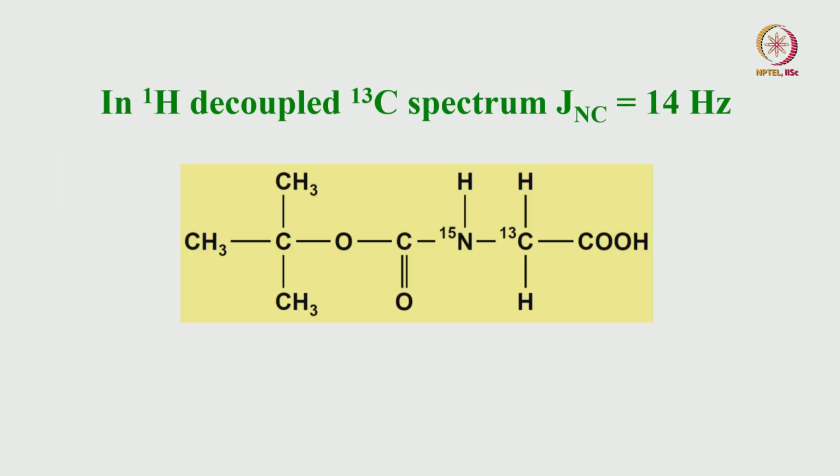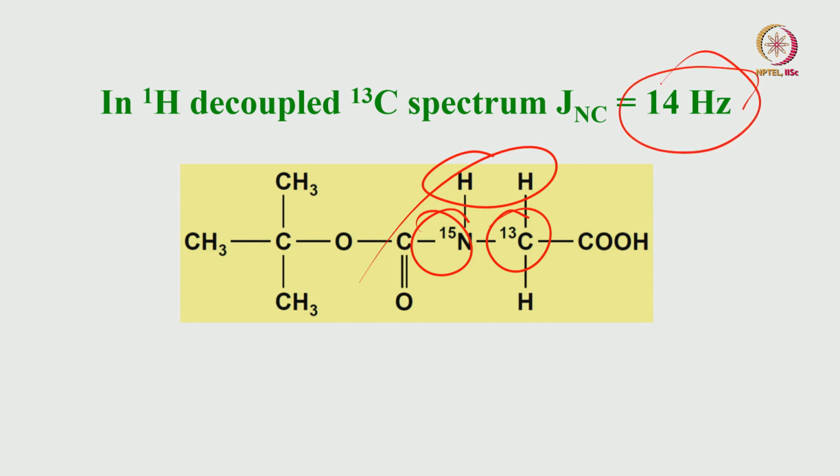We will go to another example like this. Here, heteronuclei, nitrogen 15 and carbon 13, are labeled. I am removing the coupling with proton and considering only the coupling of carbon with nitrogen, which is 14 hertz. That is all. But what is the resonating frequency?